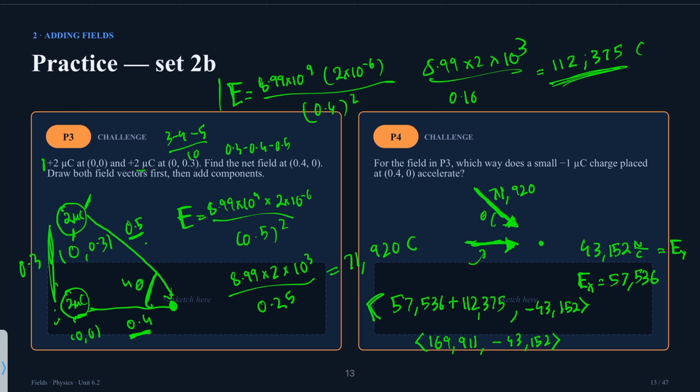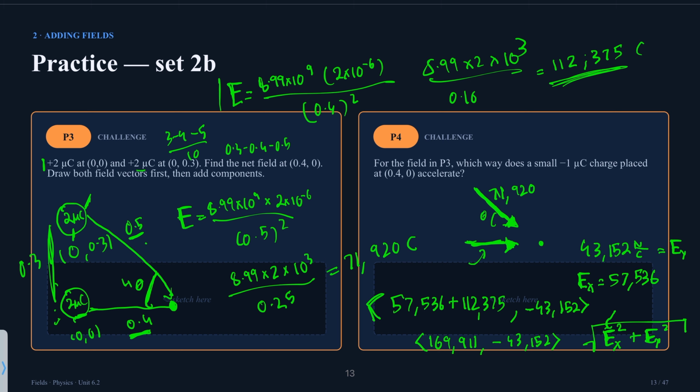If you want to find the net field here, you can just take the square root of the field in the x and the y, both of these squared, right? And you should get 169,911 squared plus 43,152 squared.